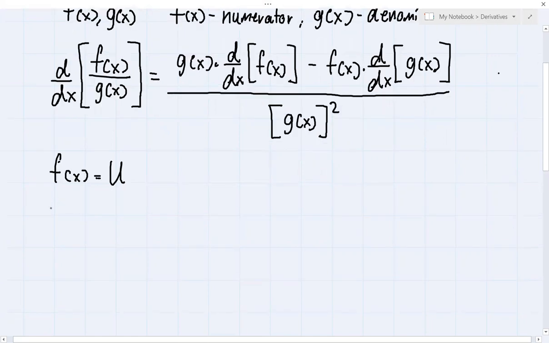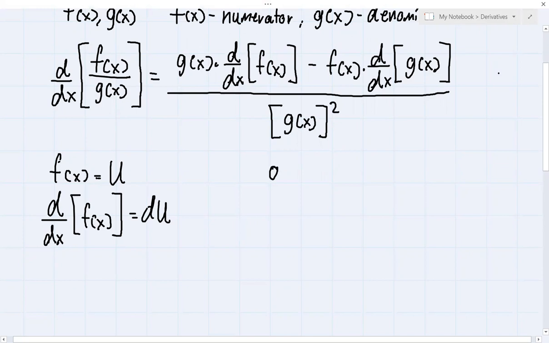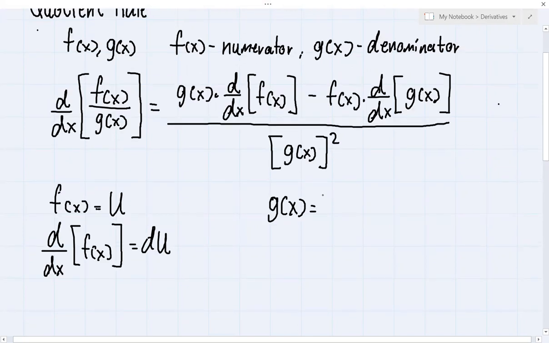Then its derivative, the derivative of f of x, that would be du. As usual. Then we have g of x, the denominator, so I will rename it as v.